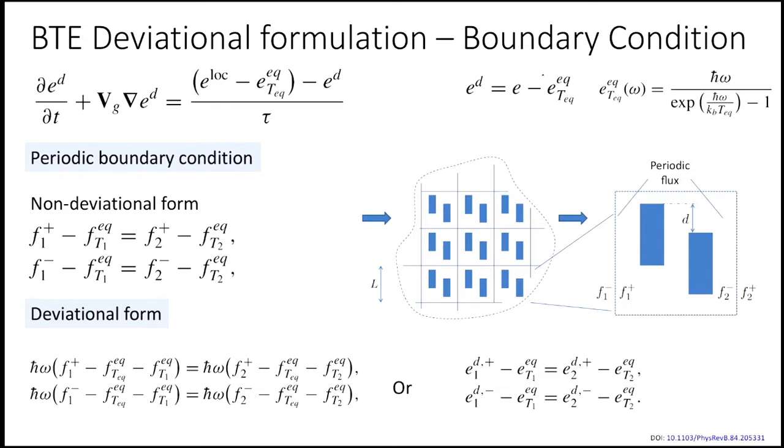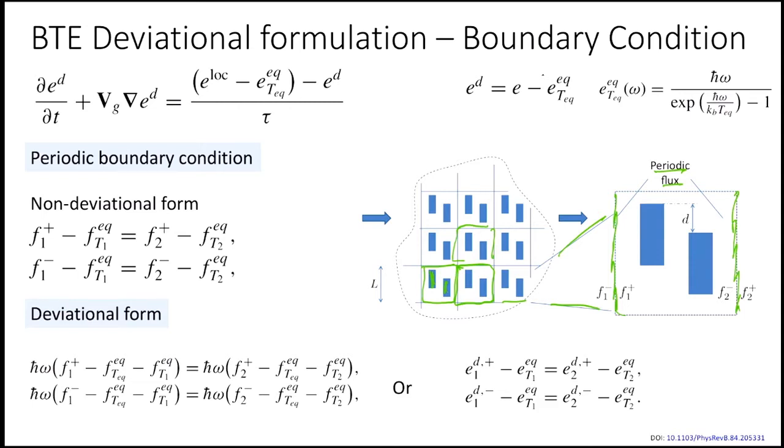Here the repeated object, as you could see, is two rectangular pieces within one cell, and we are going to pick one representative cell and apply the periodic flux boundary conditions onto the two walls. So on these two walls we have to apply the periodic boundary condition.